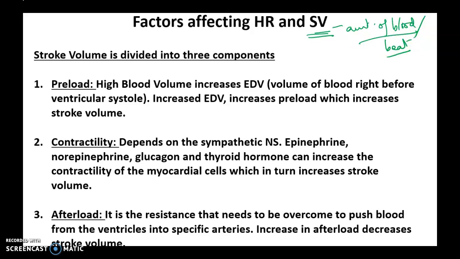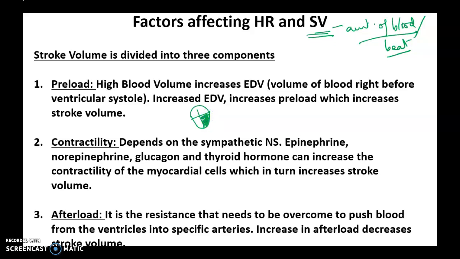First, we have preload. What is that? Now think, let's say you have a high volume of blood in the ventricle. Let's say these are the 4 chambers, right? Now you have a lot of blood in the ventricle right here.